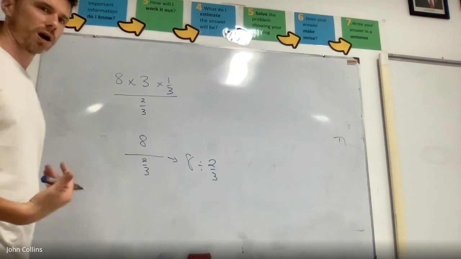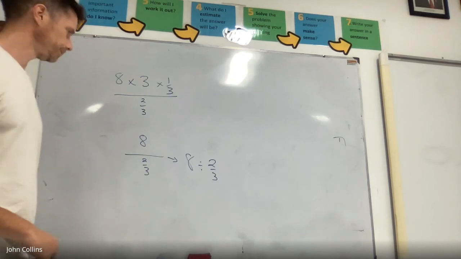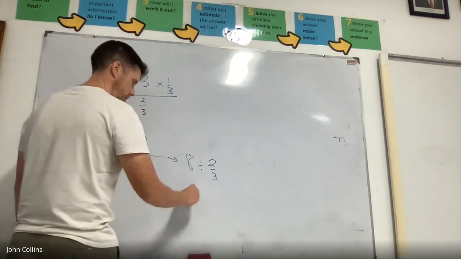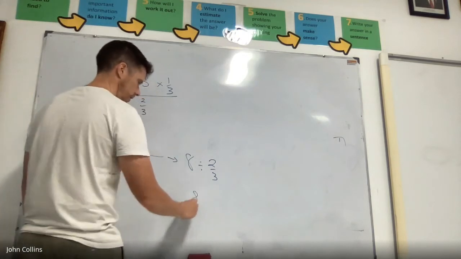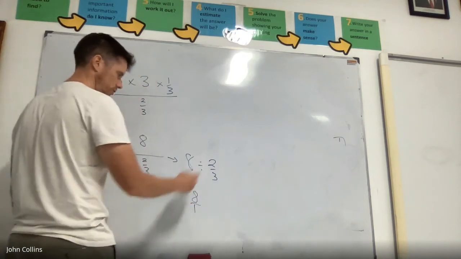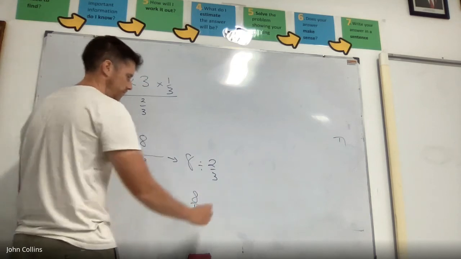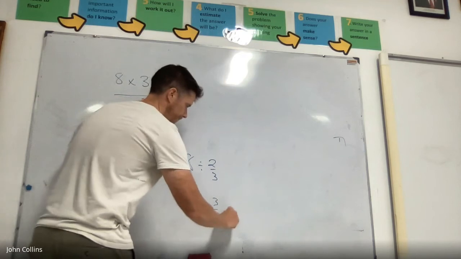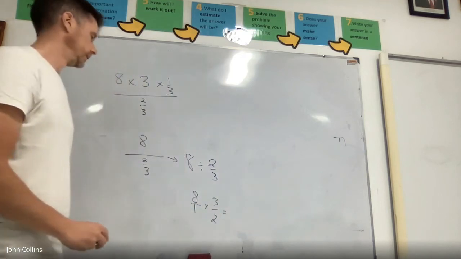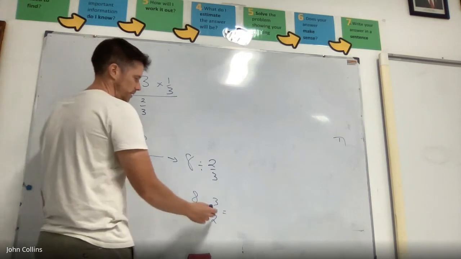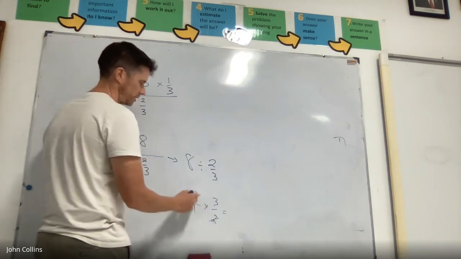Okay, we'll use our keep, change, flip. Eight over 1, so we turn it into an improper fraction, multiplied by 3 over 2. Okay? Let's pre-simplify this, as in 2 fits into 8 4 times.